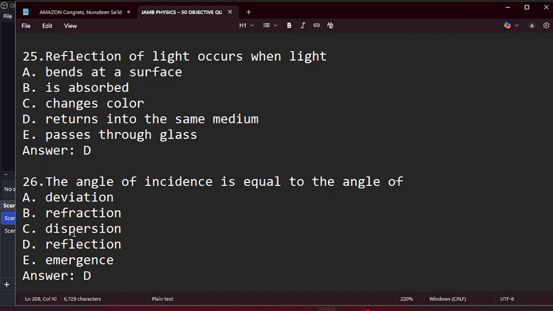The answer is D, which is returns into the same medium.